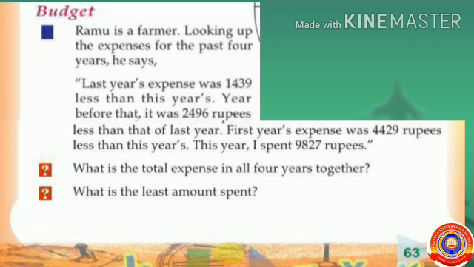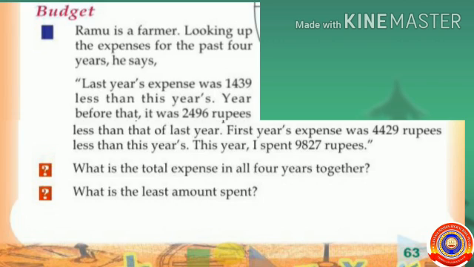First activity, budget. Ramu is a farmer. Looking at the expenses for the past 4 years, he says, last year's expense was 1439 less than this year's. Year before that, it was 2496 rupees less than that of last year.